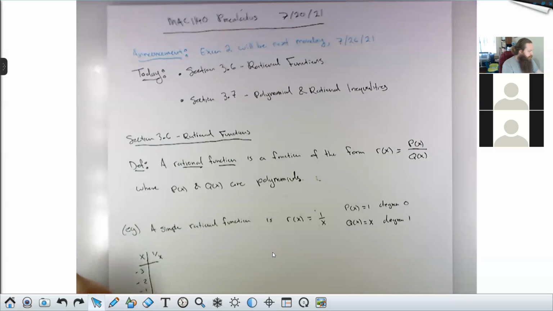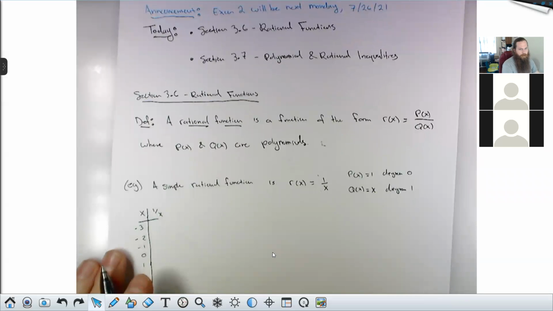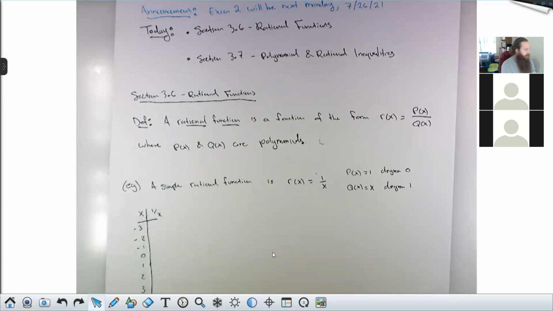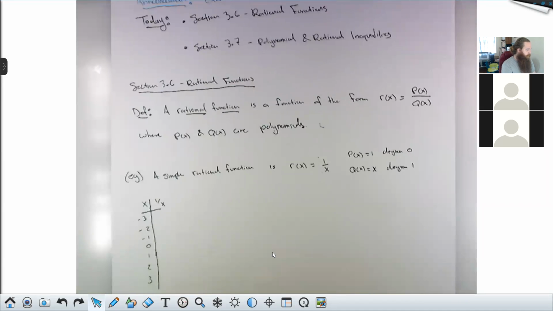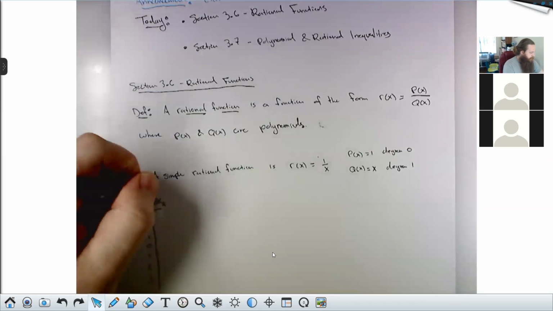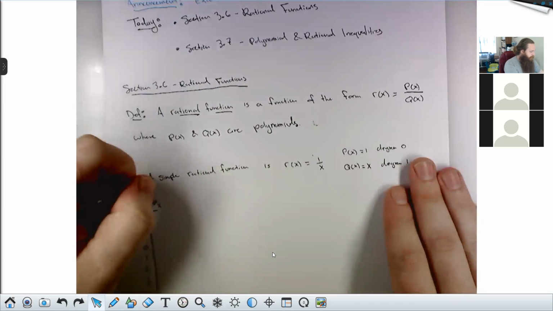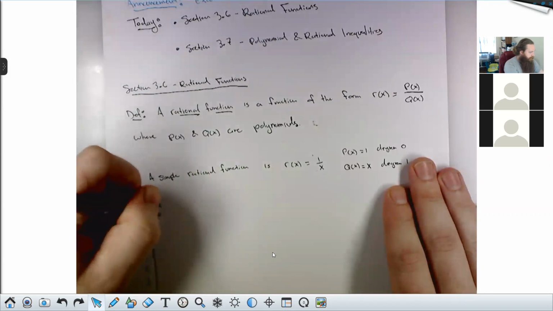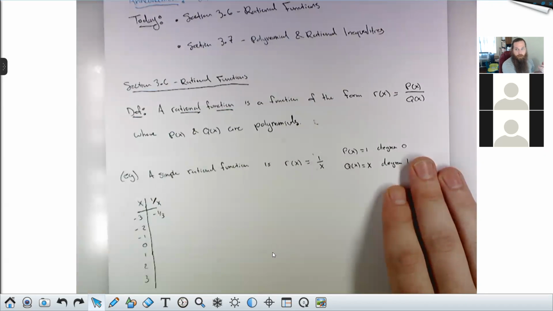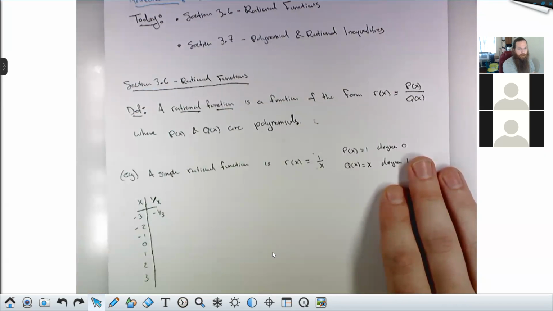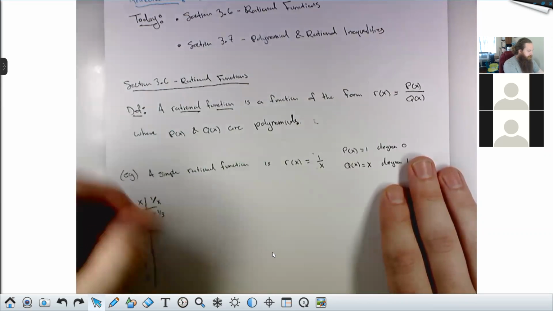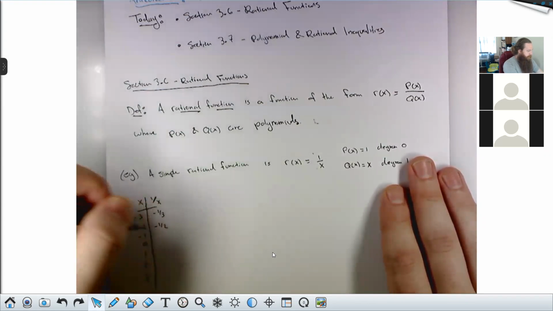Without thinking too hard, I'll just pick some numbers that I want to plug in as x values and make a little table here. I'll say -3, -2, -1, 0, 1, 2, 3. If I plug -3 into this function, I get -1/3 out, or -0.33 repeating. If I plug -2 in, I get -1/2 out.